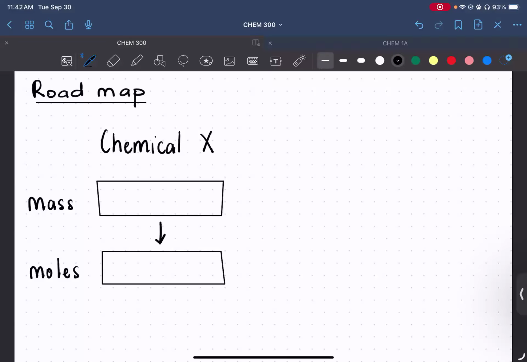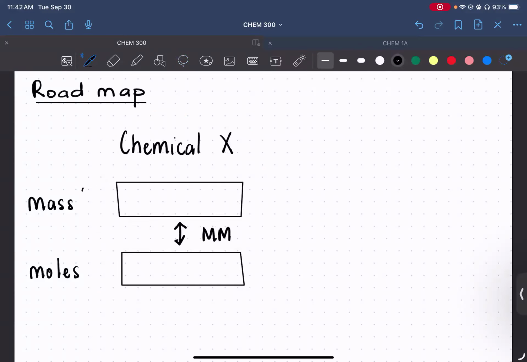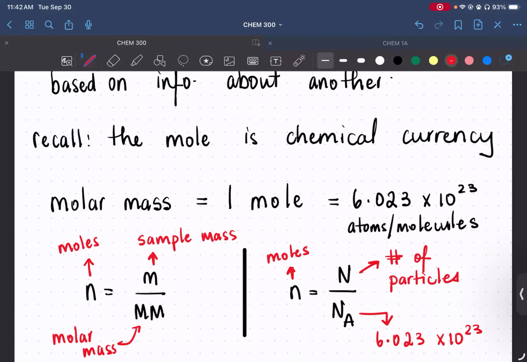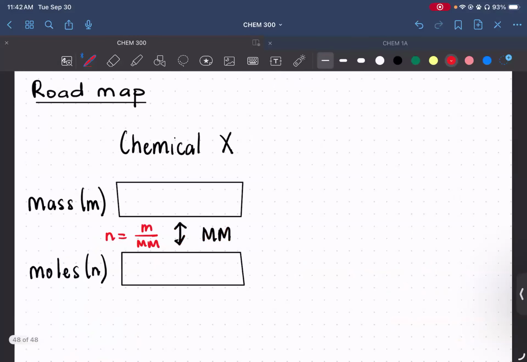In fact, the relationship between the two is based around molar mass, where m is lowercase m, moles is lowercase n. And just as a reminder of the formula, n is equal to m over MM. This is what we just talked about. We know there is a relationship between mass and mole. Now we're just making it a little bit more visual.